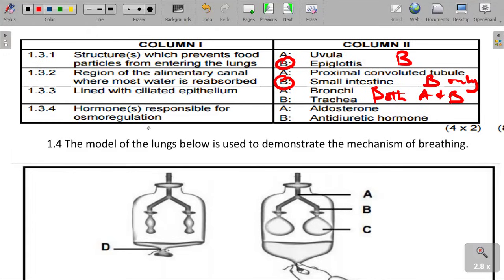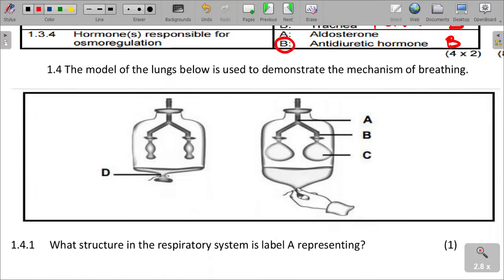We talk about the balancing of water. It is balanced by B only, which is antidiuretic hormone. Aldosterone is responsible for salt balancing, but the best answer is antidiuretic hormone, which is responsible for balancing of water in the body.